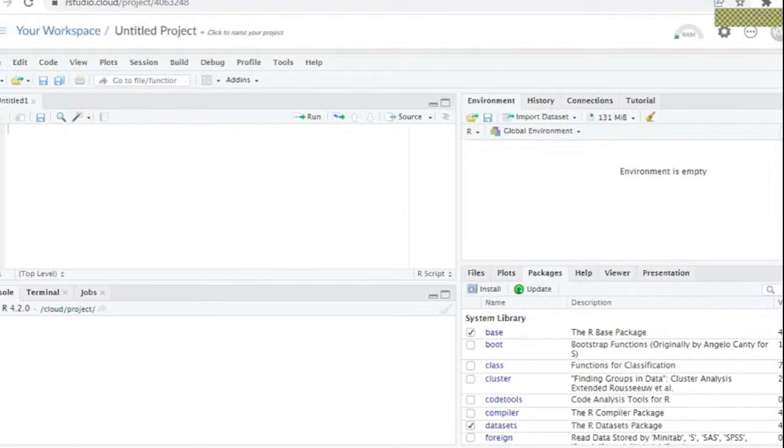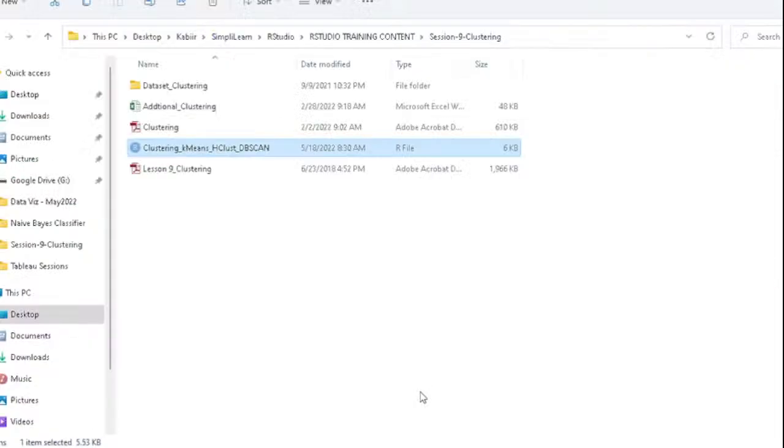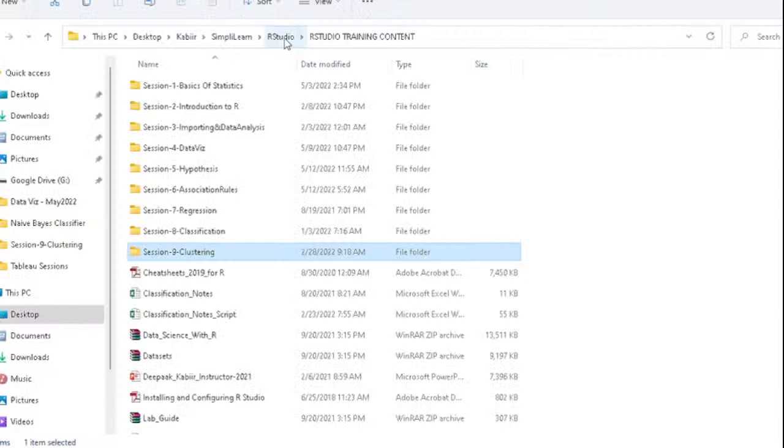Next I wanted to show you importing and descriptive data analysis.